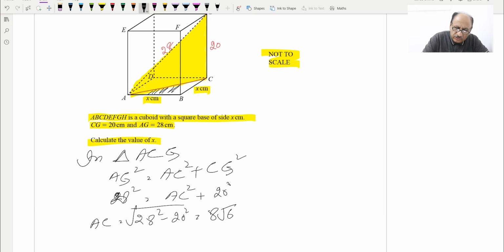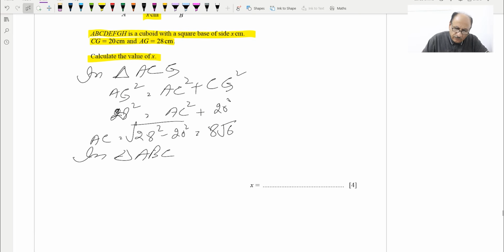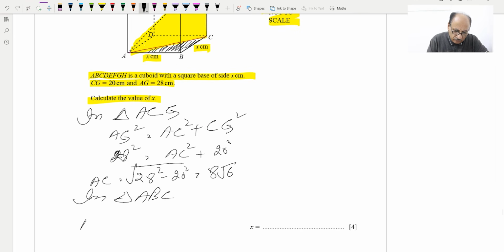Now after finding this, we can consider triangle ABC, which is also a right angle triangle. In triangle ABC we again apply Pythagoras theorem.